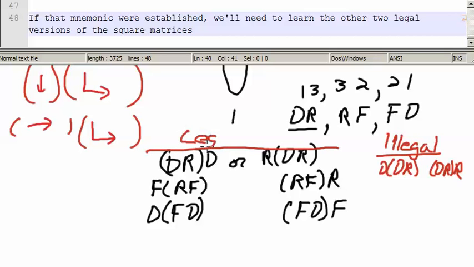because we have a precedent from the two-dimensional case. Something we don't have a precedent for is what if I took down right times forward, or forward times down right.